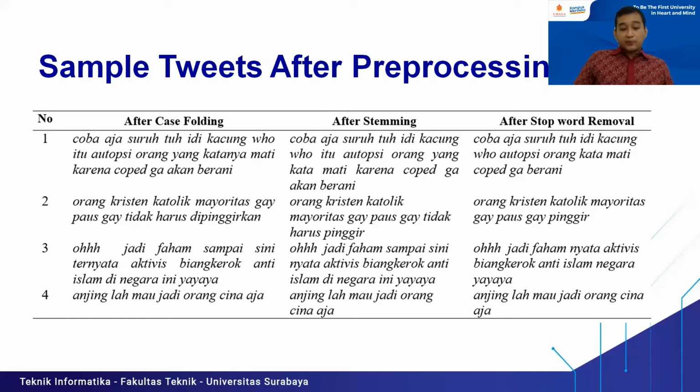After the processing is complete, the tweet data will be extracted using the TF-IDF method before the training process begins. The system will automatically run the training process after the feature extraction process is complete. After the training process is complete, the system is ready to detect new tweets input by the user.